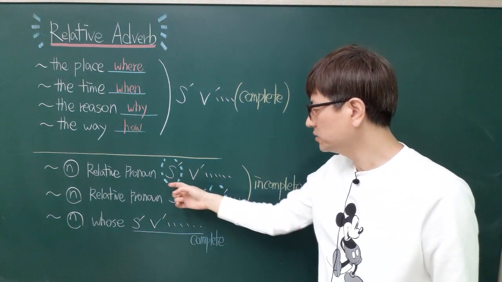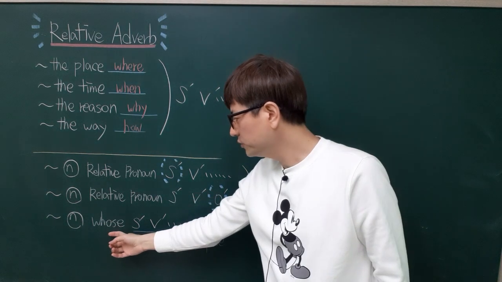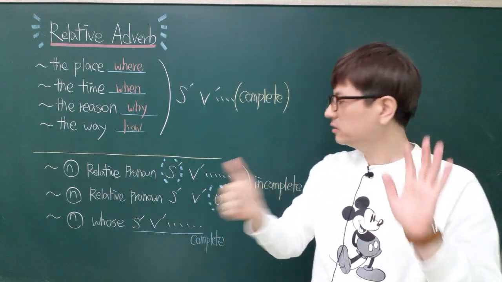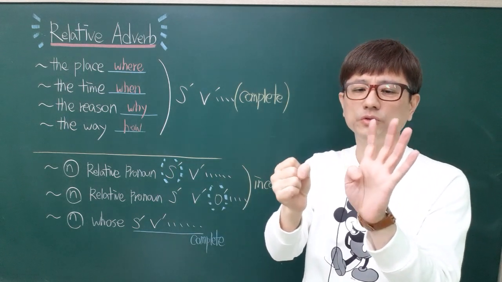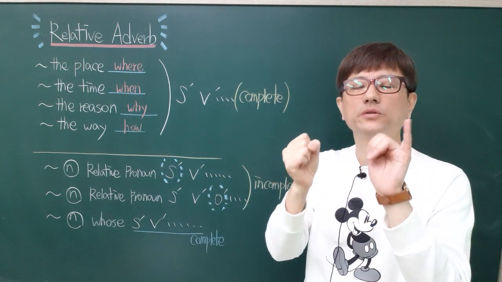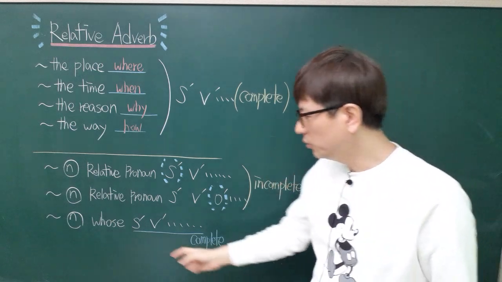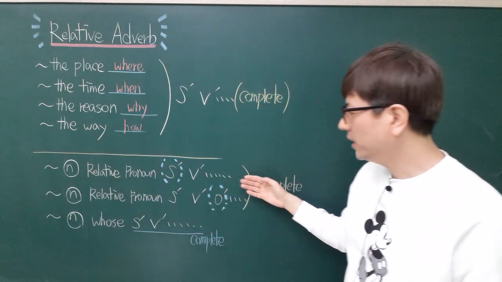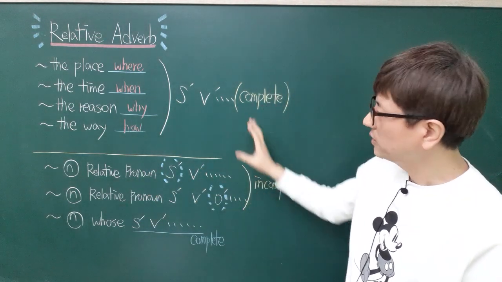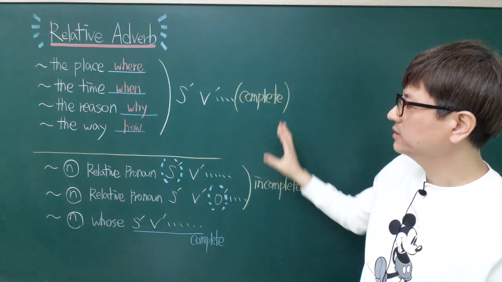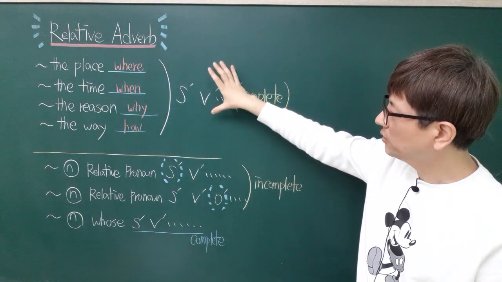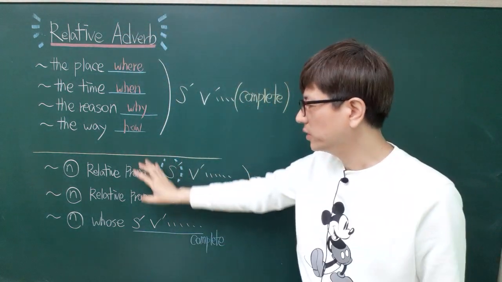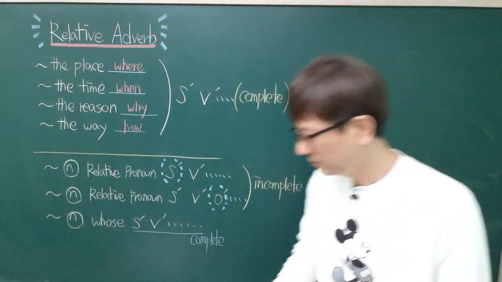We don't have either a subject or an object. Of course, whose is the exception. Among the 6 relative pronouns, who, whom, that, which, what, whose, only whose has a complete sentence, and the rest have incomplete sentences. So complete or incomplete sentence is the key to distinguish between them. Complete sentence, relative adverb. Incomplete sentence, relative pronoun. You know what I mean?